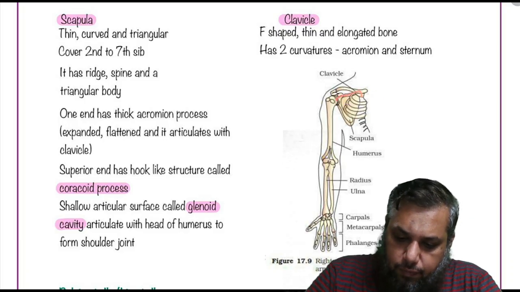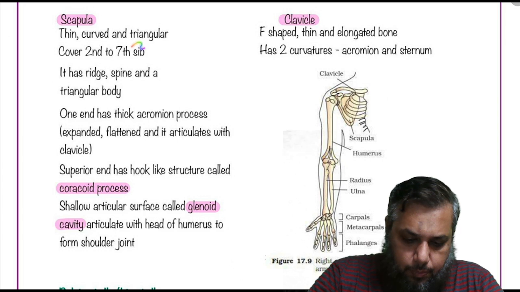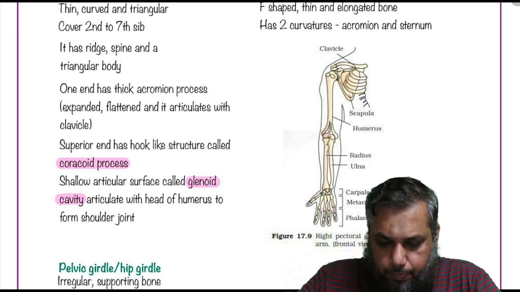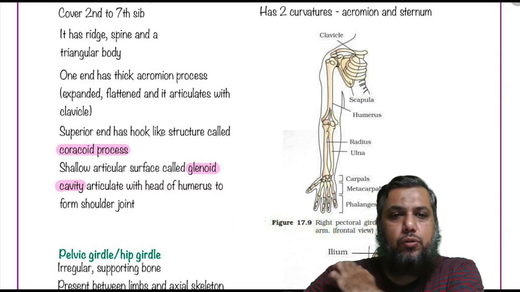Scapula is a triangular flat bone between the 2nd and the 7th rib, and it shows the presence of an acromion process, which is called the high end of the shoulder.